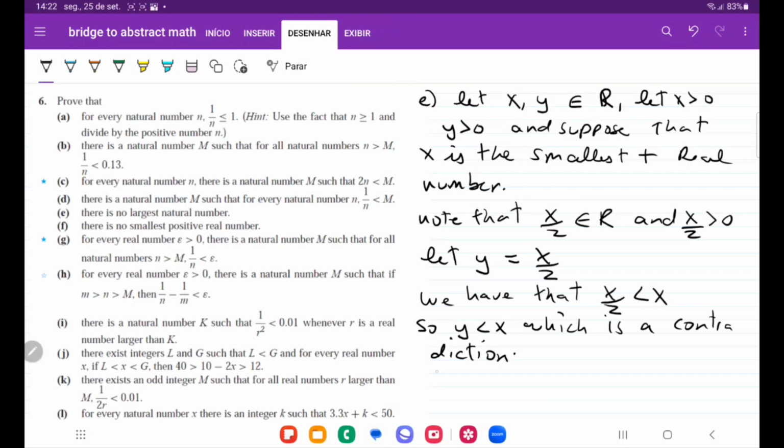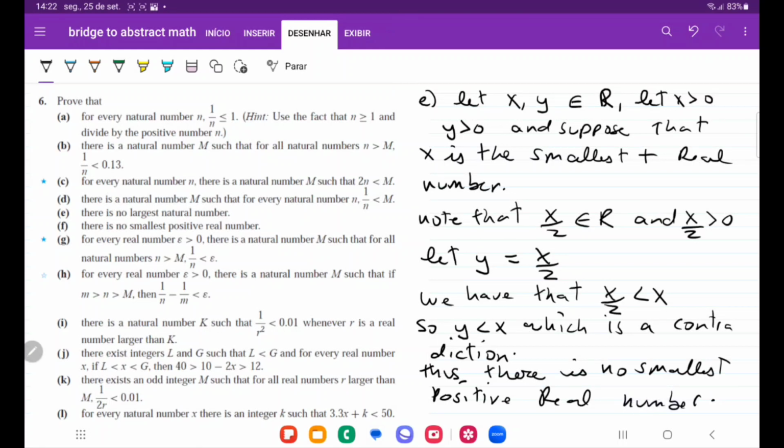The conclusion is: thus, there is no smallest positive real number. And that is it for item F.